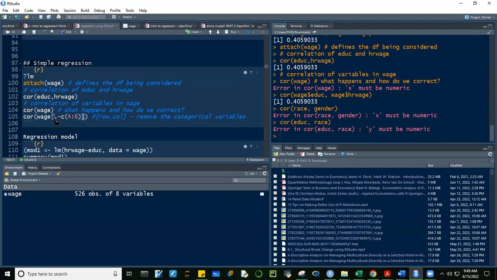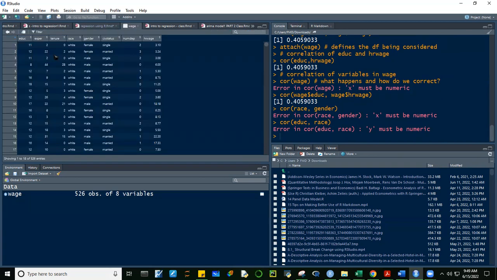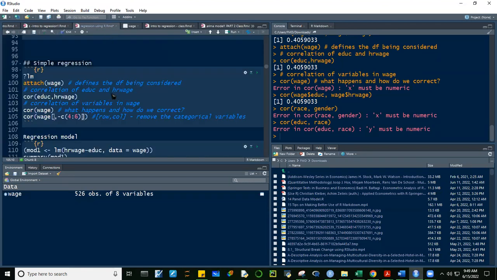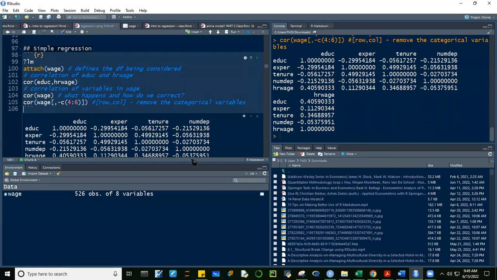So this one means that the whole row is still there. The whole row will be maintained. Tapos sa column, babawasan lang ng 4 to 6. Bakit babawasan yung 4 to 6? Kasi si race, si gender, at saka si civil status, these are the categorical variables. No? So let's run this. Okay.